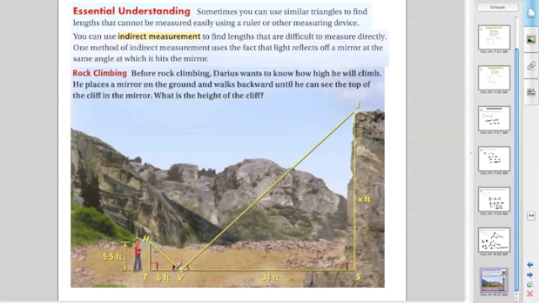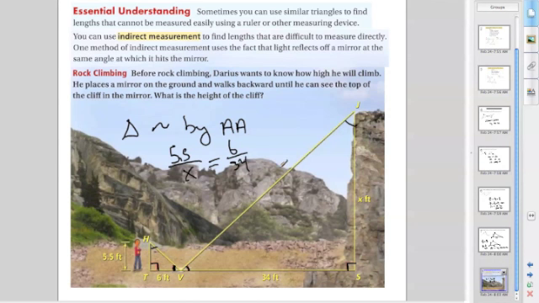Because if you know that this angle of reflection is congruent and you are perpendicular, you know that these two triangles are now similar by angle, angle. Since you know they're similar by angle, angle, you can set up your proportion. So we can have 5.5 over x equals 6 over 34.